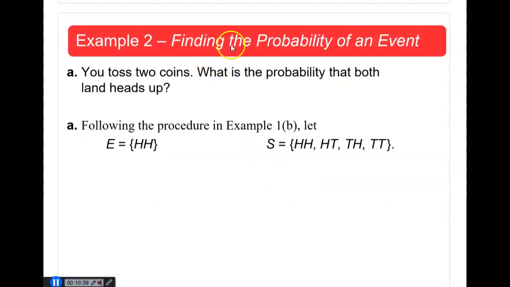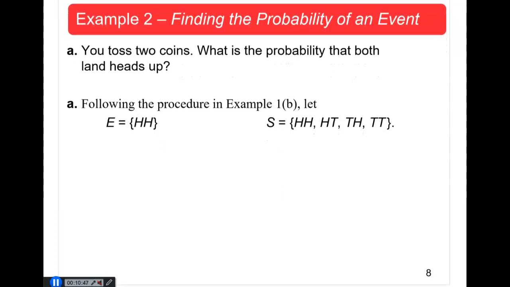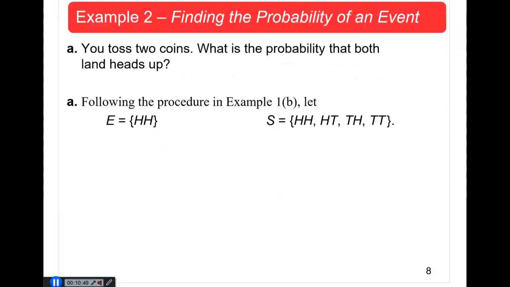So let's go ahead and work with example 2. You toss 2 coins. What is the probability that both land heads up? Each coin has 2 sides, and let's say the first coin could be heads or tails, and the second coin could be as well heads or tails.